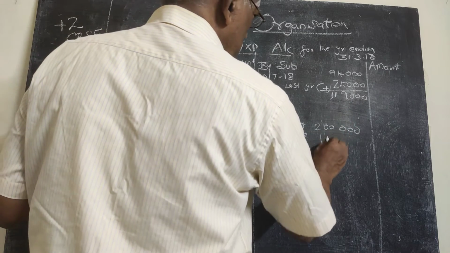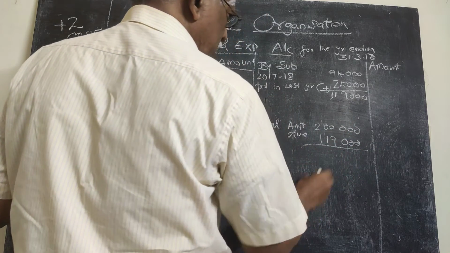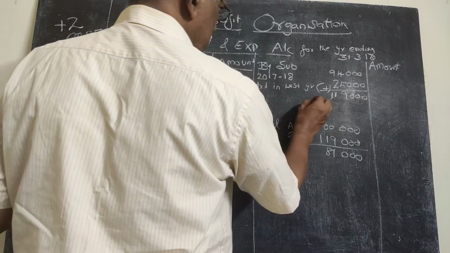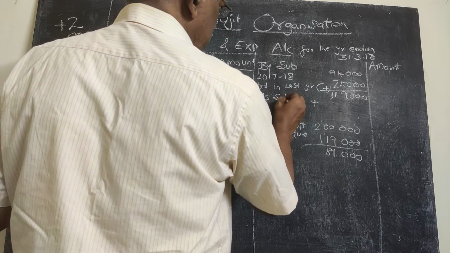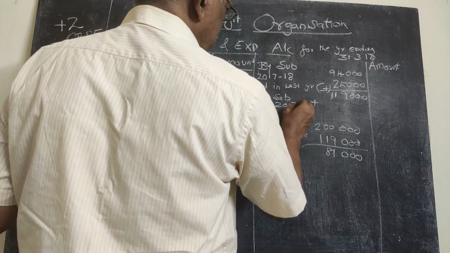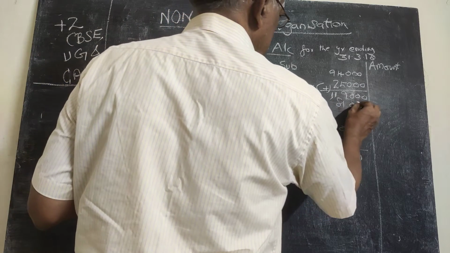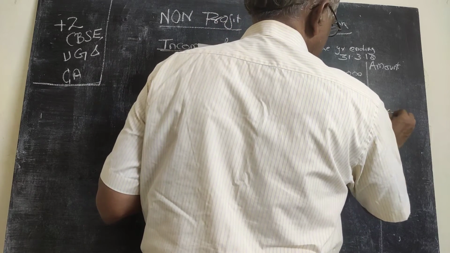Therefore, the amount due for this year but not yet collected is 81,000. So, outstanding subscription for this year 2017-18 is 81,000 and the total is 2 lakhs.